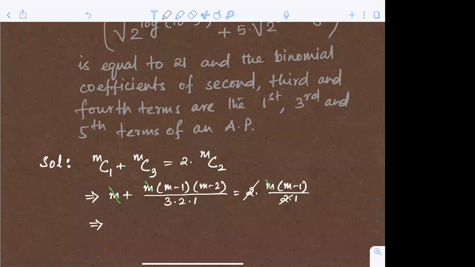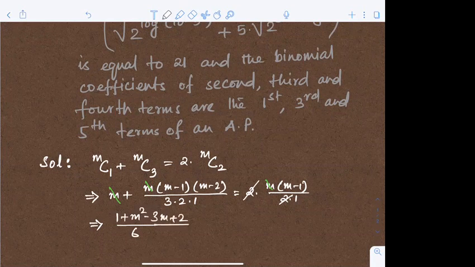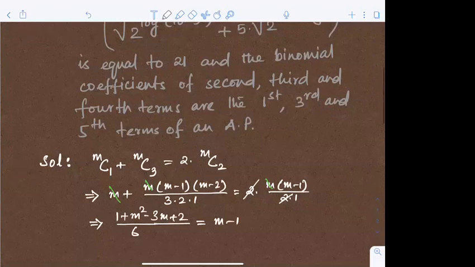The LCM will be 6, and here I will get 1 plus m square minus 3m plus 2. Right side will be m minus 1. Okay.